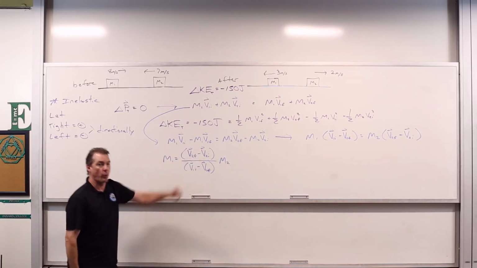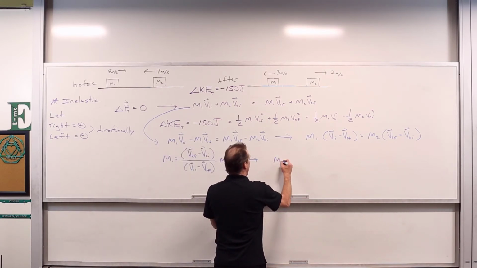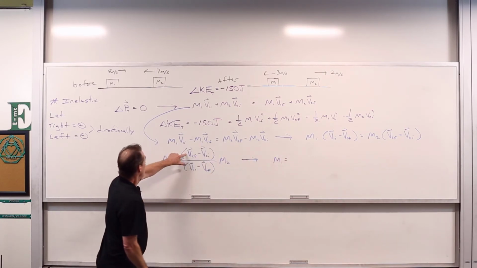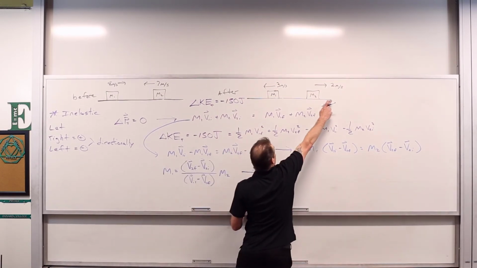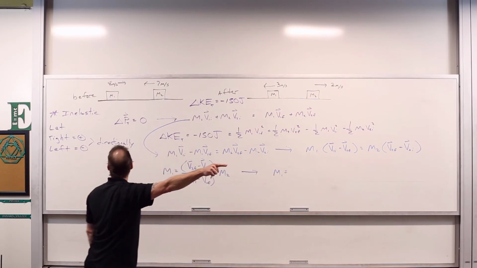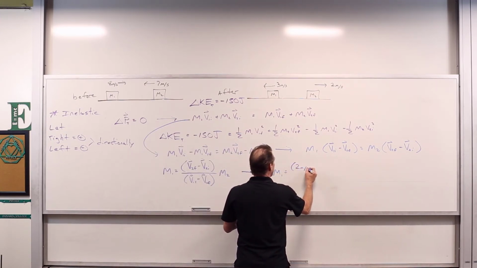And we know what all these quantities are, right? So from this, M1 is equal to, well, V2 final, that's going to be 2 meters per second, which is to the right, which is positive.